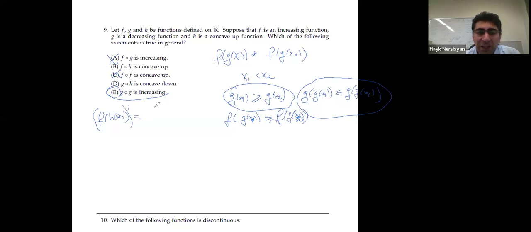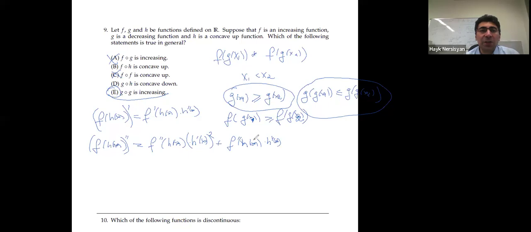So the first order derivative is f prime(h(x)) times h prime(x). The second order derivative gives f double prime(h(x)) times h prime(x) squared plus f prime(h(x)) times h double prime(x). The double derivative of h is positive and f is increasing, so this part is positive or non-negative, but we don't know anything about f double prime.